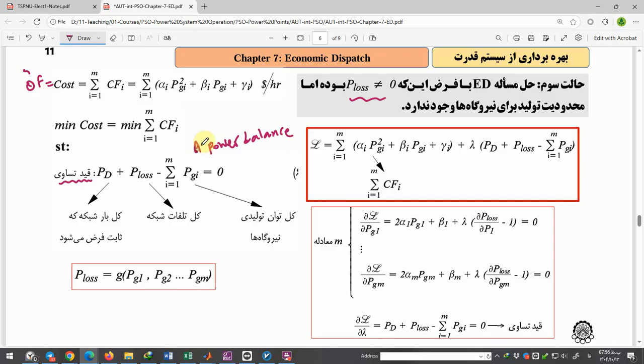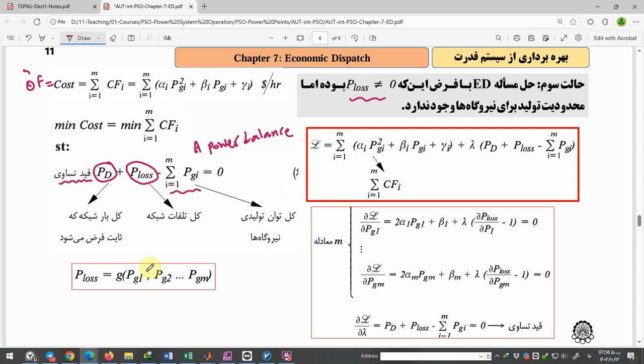This is the active power balance. PD is the whole load's consumption. P loss is the consumption of losses in transmission lines or other equipment, and this sigma is the whole generation.